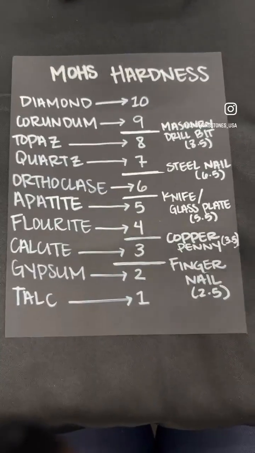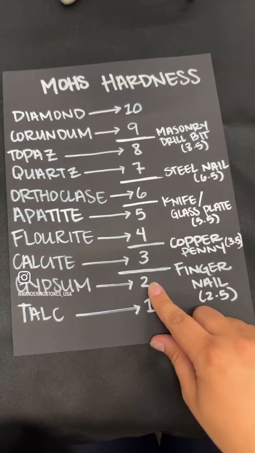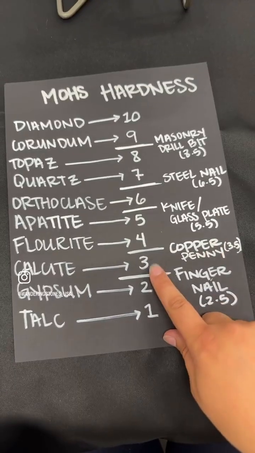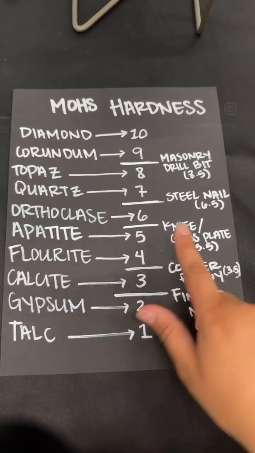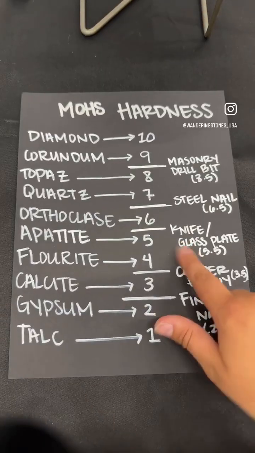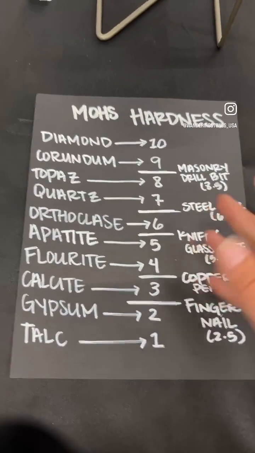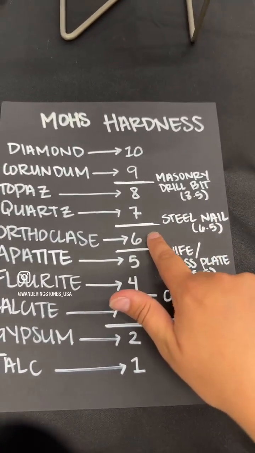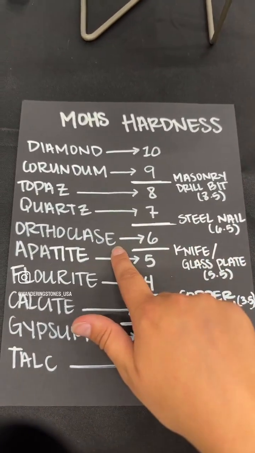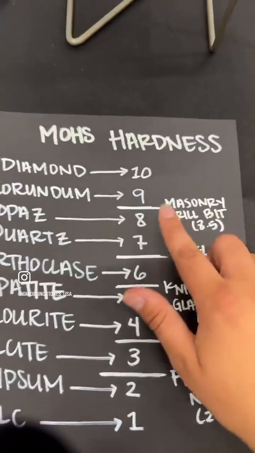So like we went over, your fingernail will be able to scratch a 1 and 2. A copper penny will be able to scratch a 3, like a calcite sort of material. A knife or a glass plate should be able to scratch a 4 or a 5. The 5 will just be a little bit more difficult, but it will still happen. A steel nail will be able to scratch a 6, so something like a K feldspar family material, like an orthoclase or a labradorite.